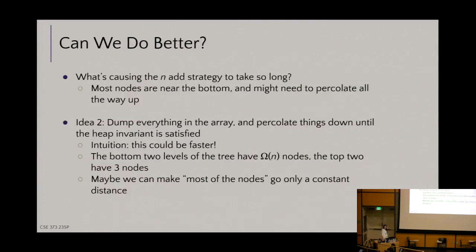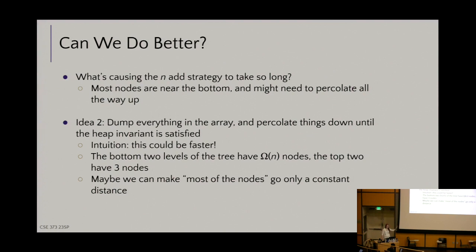Can we do better? What if instead of treating each of those inserts as totally independent things, we dumped everything into the array all at once, and then we did a series of percolations that only force the things that really need to go up to the next level, up to the next level?